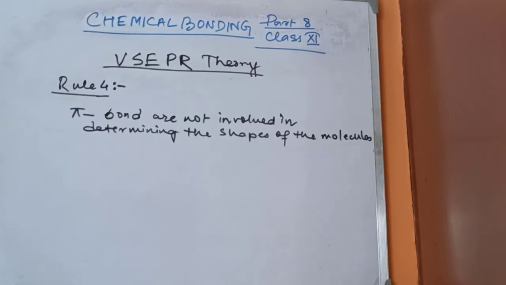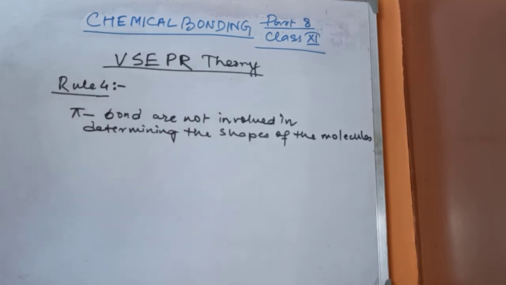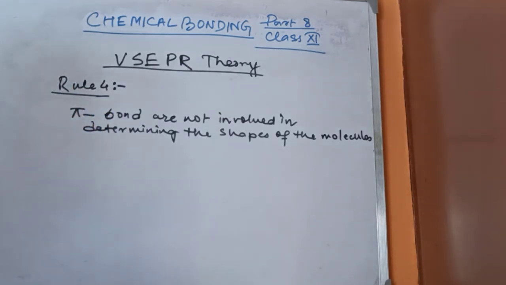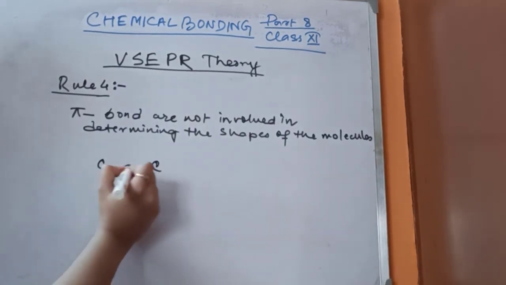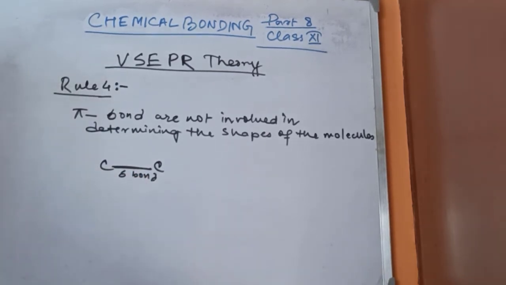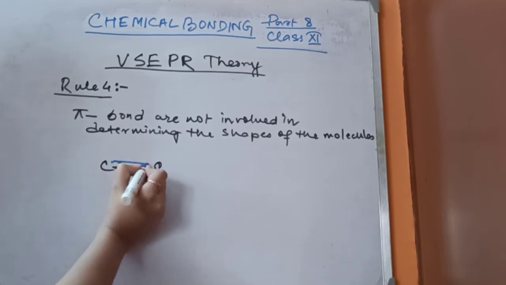Why are pi bonds not involved in determining the shapes of the molecules? Because a pi bond is generally formed by lateral overlap. I will come to these portions when I show you the overlap of atomic orbitals and hybridization. Then you will understand why the pi bond is not involved. This is a sigma bond, and this is a pi bond.